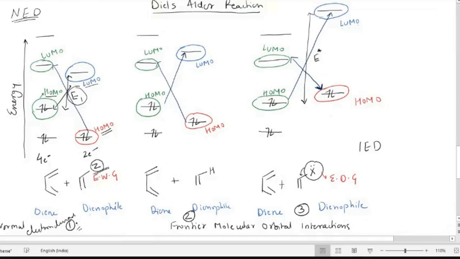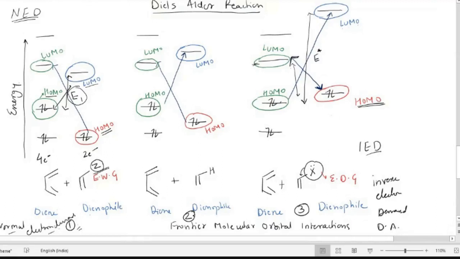So here another possibility is the HOMO-LUMO interaction of dienophile and diene respectively, that is HOMO of dienophile and LUMO of diene. This interaction is having much less energy than the HOMO of diene and LUMO of dienophile. So in this case it is inverse electron demand Diels-Alder reaction. This is your normal electron demand and this is inverse electron demand.